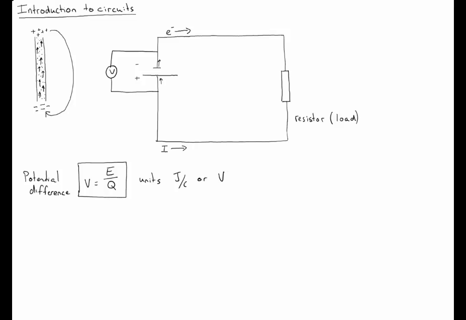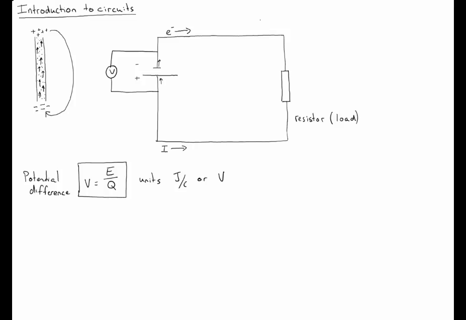Of course, this potential difference is also a measure of the push there is to push these electrons around the circuit. So for a high potential difference, that's kind of looking at a high electric field from one end to the other, there's a bigger force per charge to push electrons through this circuit.